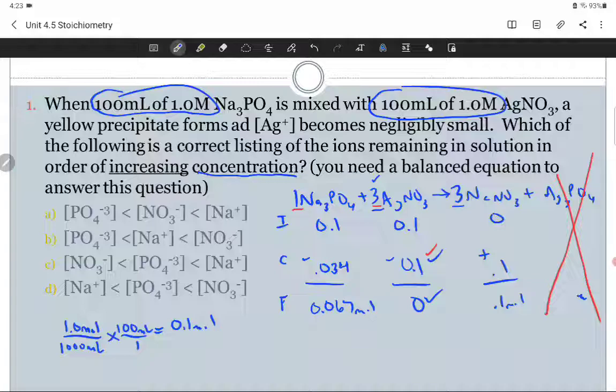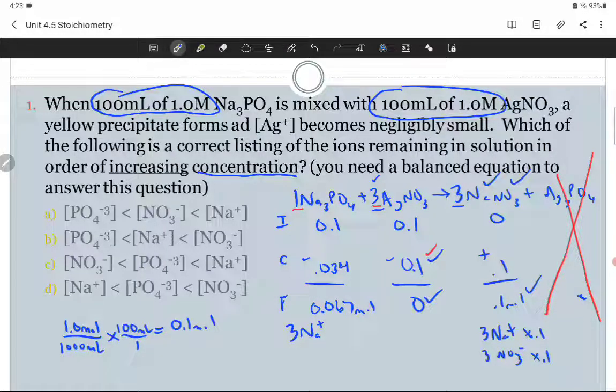Which one would we have the most of? Well, we have the ability to make sodium and nitrate. I'm going to put my coefficients on there and my amounts. And then over here, we have some sodium ions left.